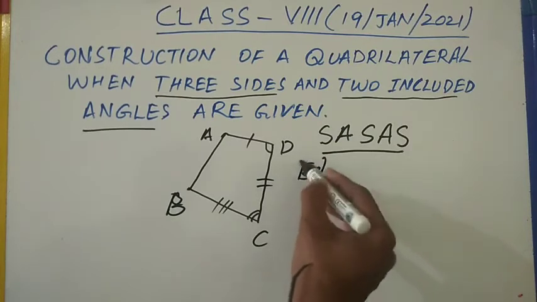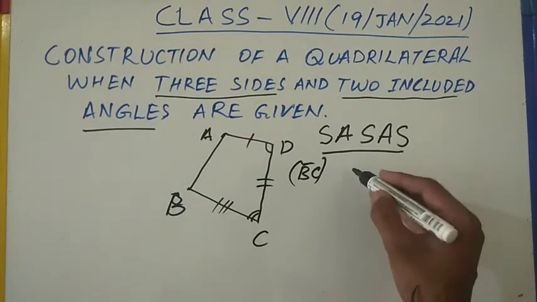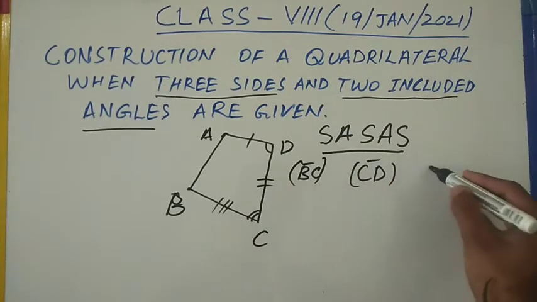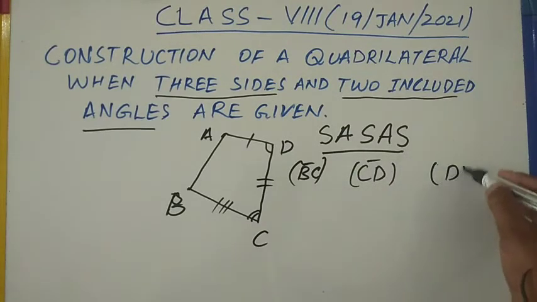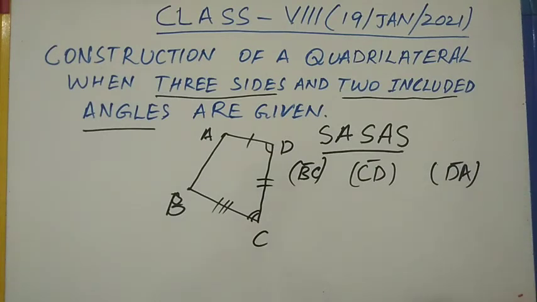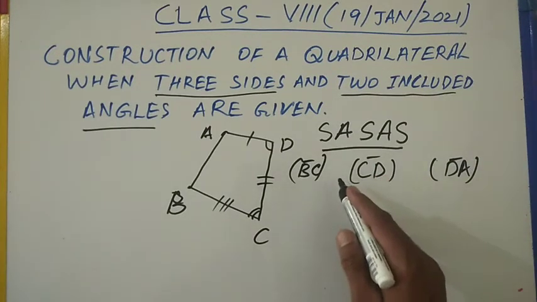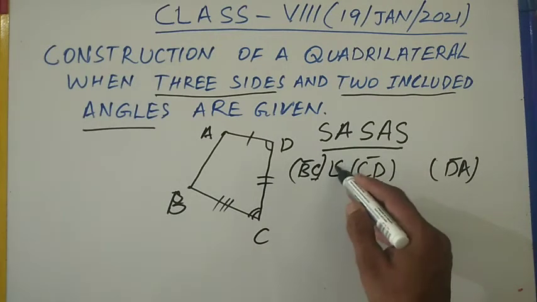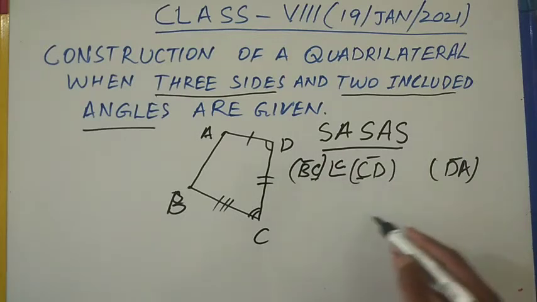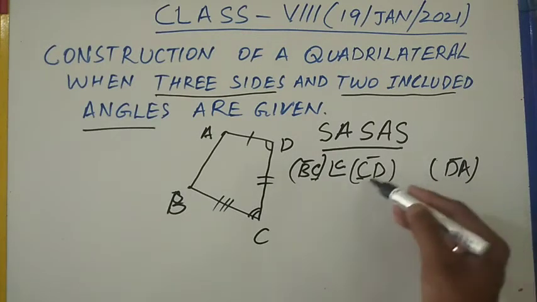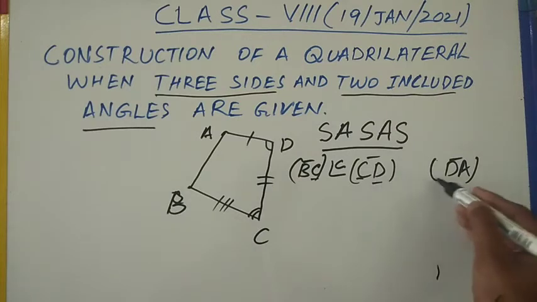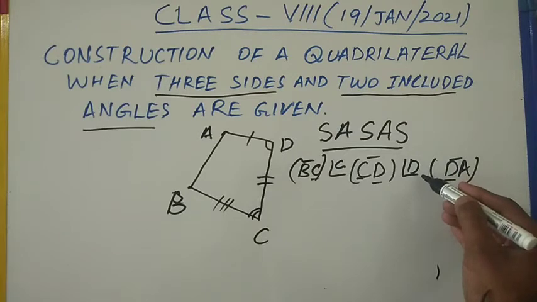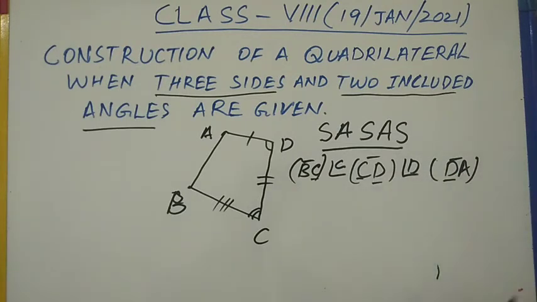BC I have, then side CD and side DA. These are the 3 sides known to us, and between these 2 sides as a common letter you could see C. So, that angle C is an included angle of these 2 sides, and between these 2 sides CD and DA as a common letter you could see D. So, angle D is an included angle between the side CD and DA.